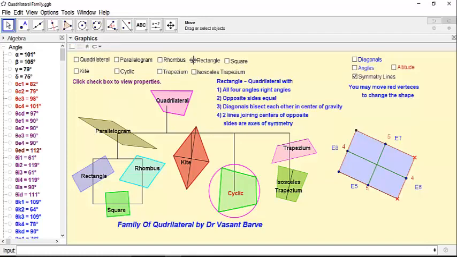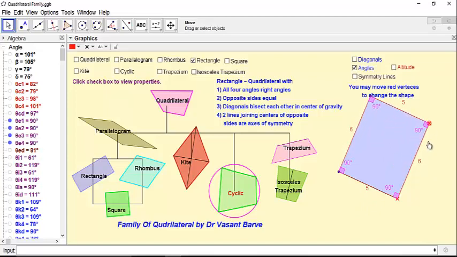Now rectangle is a special case of parallelogram where you will see that the angles are all 90 degrees. Okay. And it has the property of the parallelogram in the sense opposite sides are equal and parallel. Okay. You'll see that opposite sides are parallel and equal. You may modify this any way you like.